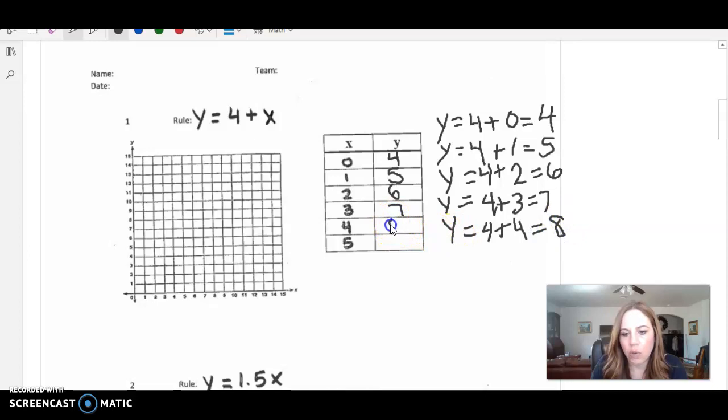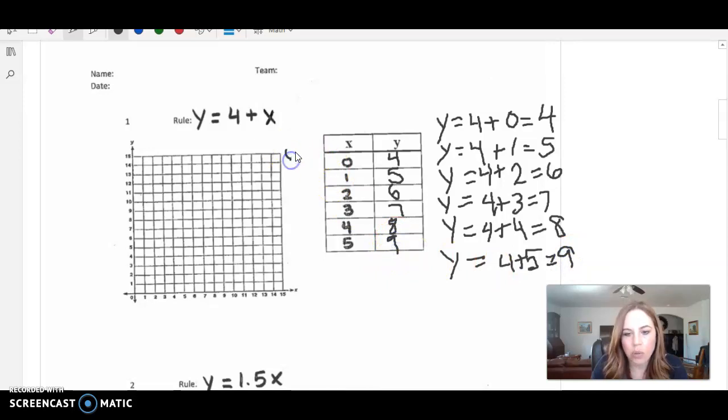So when x is 4, y is 8. And finally, y is equal to 4 plus, let's write 5. And that would be 9. So when x is 5, y is 9.